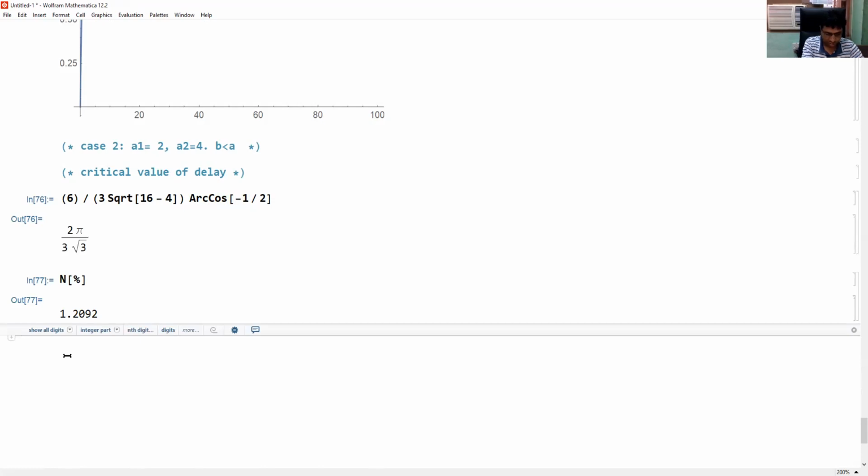So what is our conclusion? Equilibrium. What is equilibrium in this case? 1 upon A1 plus A2.